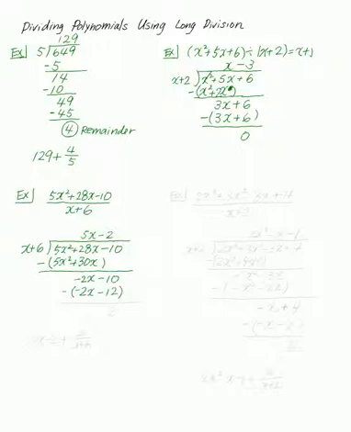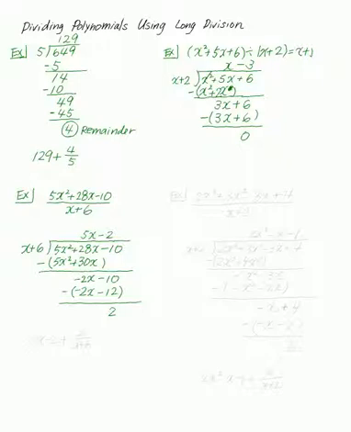Now we have to be extra careful with the subtractions. Notice all the minuses in the parentheses here. Negative 2x minus negative 2x gives me 0x. Negative 10 minus negative 12 just gives me actually a positive 2.